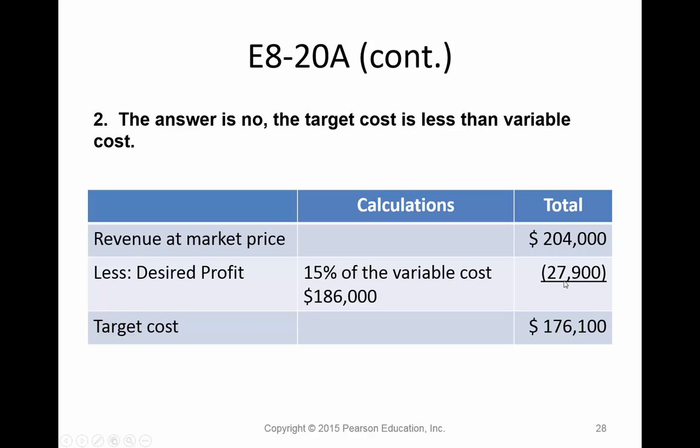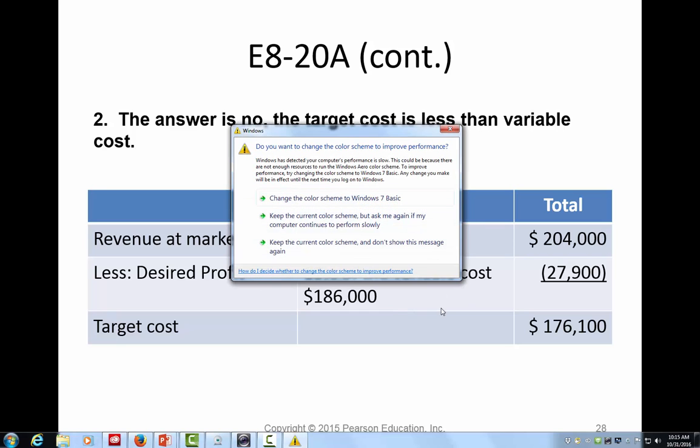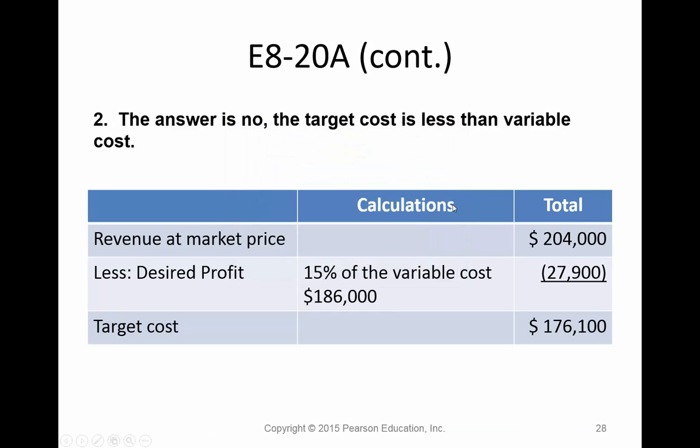So revenue less their desired profit gives us our target cost. Target cost being $176,100. Well, our target cost is obviously less than our variable cost. So no, the answer to our question, will they be able to meet that target cost, is no at this point.